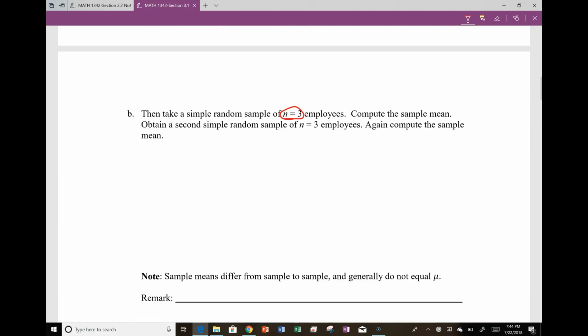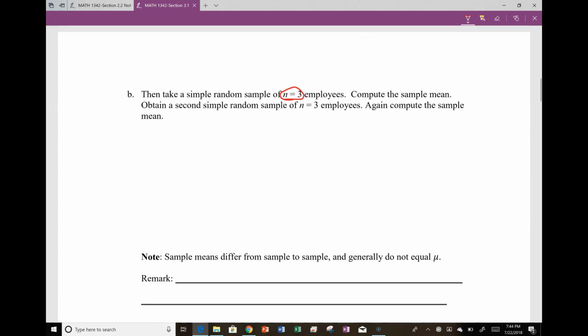I'm just going to start out by taking the first 3 employees that we were looking at, and they had travel times of 23, 36, and 23. This is going to be an X bar because it is a sample. And in this case, I'm only looking at 3 employees, so I'm going to divide by 3. I'm going to add up the numerator, the top numbers, 23, 36, and 23. I get 82. Divide by 3.